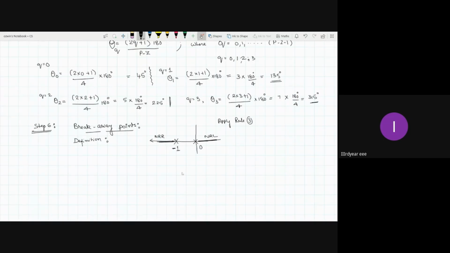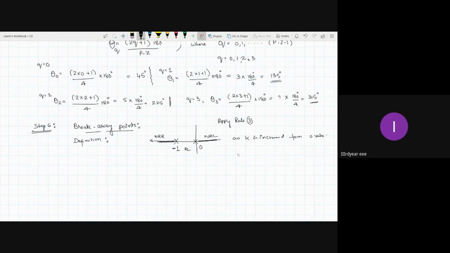So the region between 0 and -1 is the valid root locus region. As k is increased from 0, the root location is going to change.